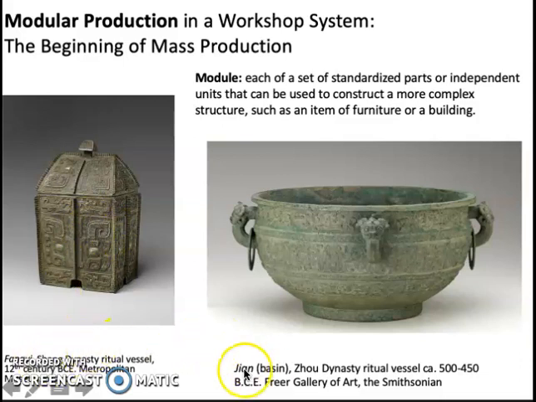And then that scholar noticed this particular basin that's in the Smithsonian's Freer Gallery of Art, and realized that he had seen the exact same bronze in another museum and matched them, and they matched identically because they were using a modular system of production, not hand production of every detail of the surface, but a production of clay stamps and clay molds.